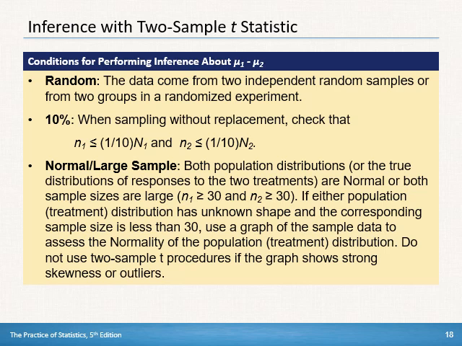And if we don't know anything about the population distribution being normal, and the sample sizes are under 30, then we would graph both of them. I suppose if you had one that was over 30 and one that was under 30, we would just graph the data that was under 30. But more often than not, both sample sizes are going to be under 30, or both are going to be over 30. We usually don't have varying sample sizes.